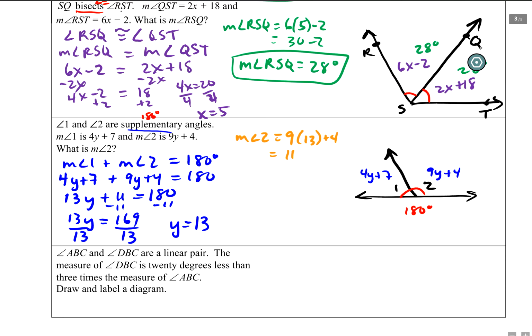No, 117. Is that right? 90 plus 27. Yeah, that's 117 plus 4. All right, back on track. The measure of angle 2 is 121 degrees. So we could label that here 121 degrees.